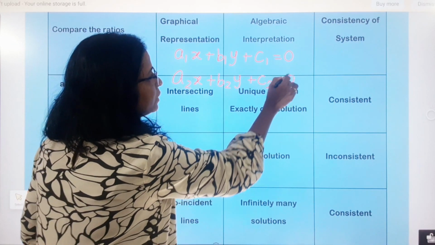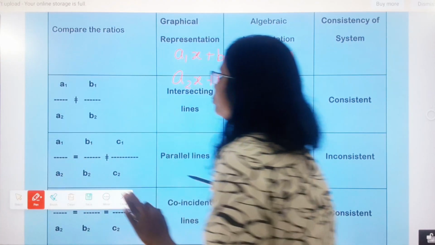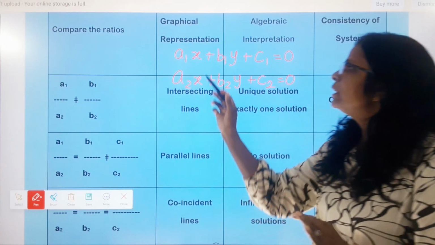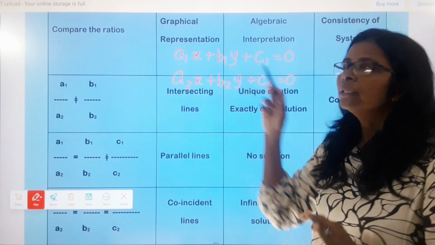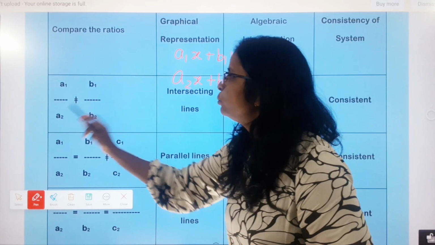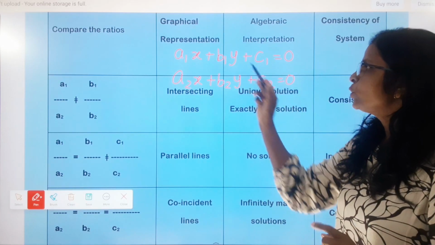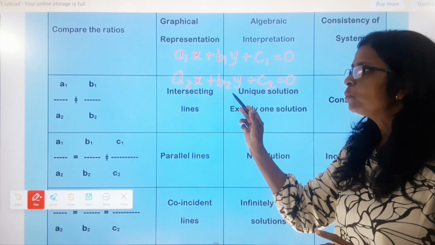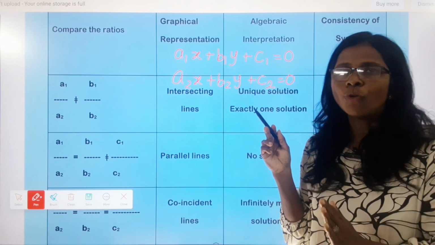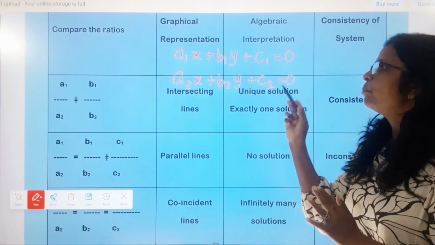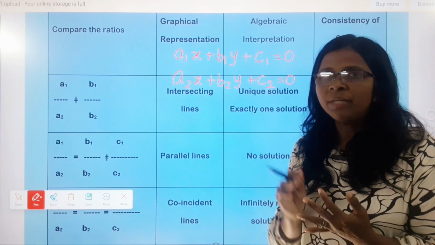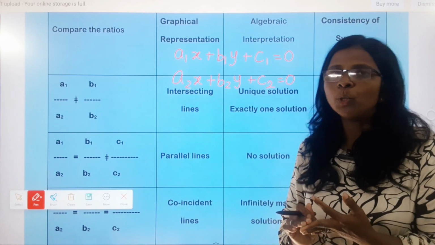Now we have to make the ratios of the coefficients. The ratio of the coefficients of x is a1 upon a2. The ratio of the coefficients of y is b1 upon b2. And the ratio of the constants is c1 upon c2. So this way we get the ratios a1 upon a2, b1 upon b2 and c1 upon c2.